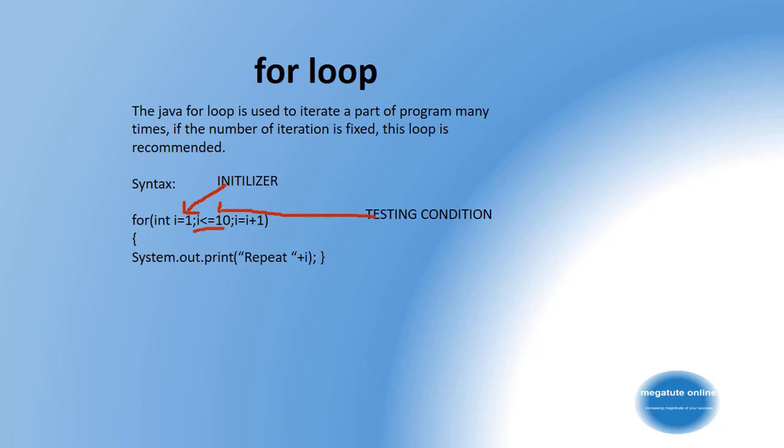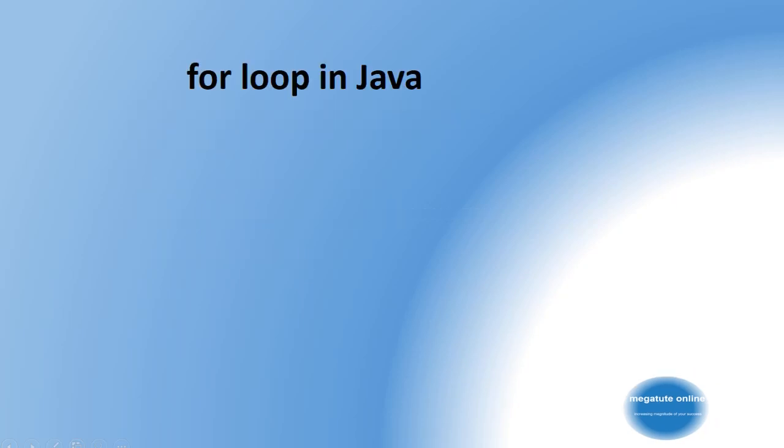I less than equals to 10. And the third part is the update, which is this one, all right? So this is our update part. So this way the three parts combine together: initializer, update, and testing condition, and they form the loop syntax in Java. Okay. And let's go further and see them in more detail.